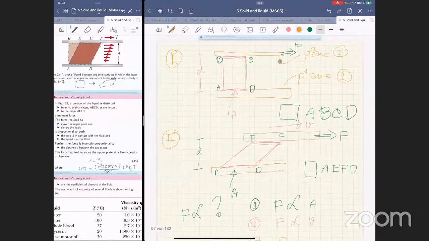would depend on the distance. If you have a less gap, you need to have more F, right?